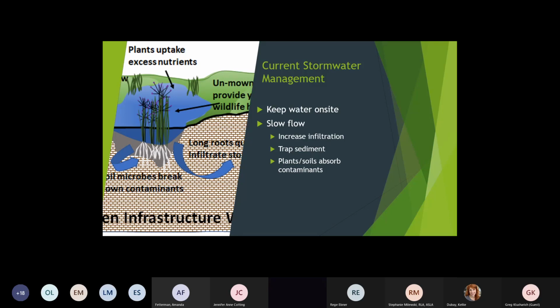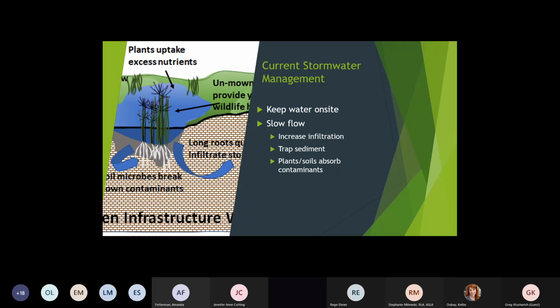So nowadays, we know that best management practices include keeping stormwater on site. And the reason for that is to slow the flow, which gives the soils and plants a chance to soak up the stormwater.